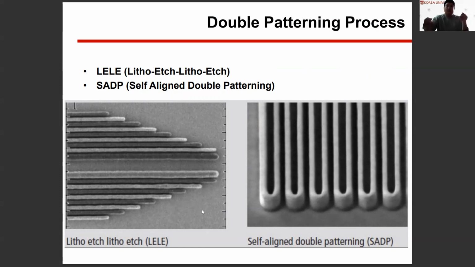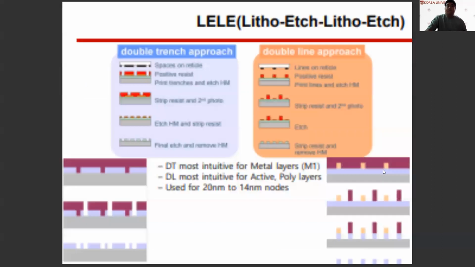That means we make a lithography for, for example, the first, third, fifth, and so on patterns, and we make another lithography again for the second, fourth, sixth, like that. Another technology for double patterning is the self-aligned technique. I'm going to tell about this later.